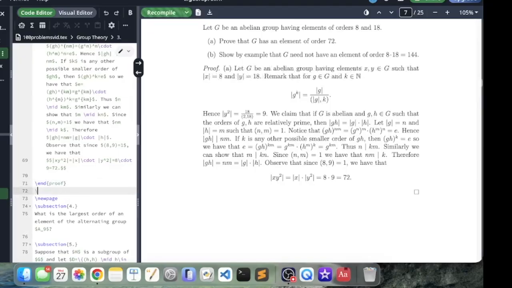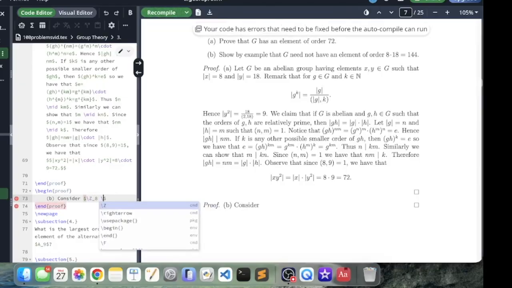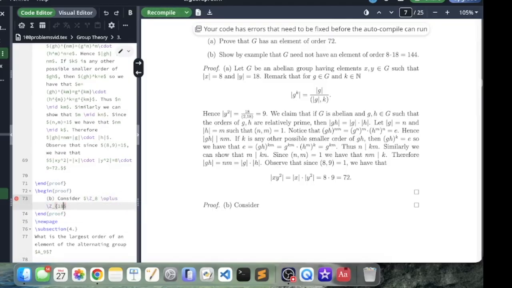and all that remains is part B, which I'll do in another proof environment, why not? B, how do I capitalize that? Okay, B says, show by example that G need not have an element of order 8 times 18 equals 144. All right, we want an abelian group, so we'll consider Z8 direct summed with Z18.